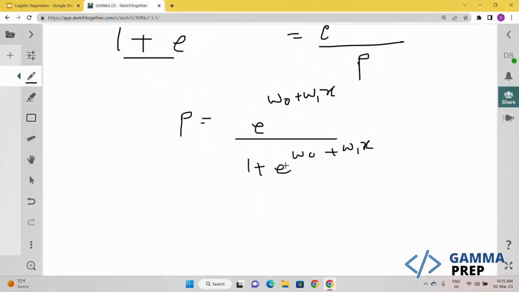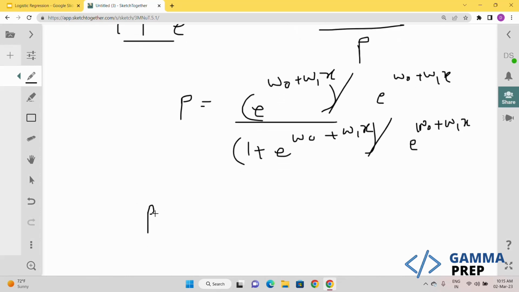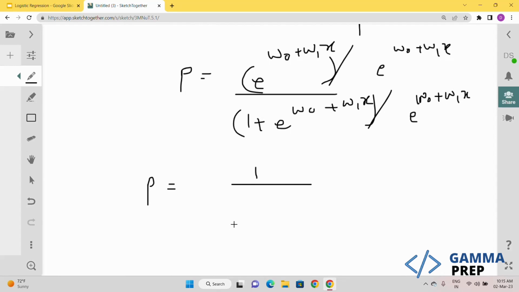Now the last thing that we will do is divide the numerator as well as the denominator by the same quantity, which is e to the power w0 plus w1x. So the numerator would be 1, and in the denominator, 1 by e to the power w0 plus w1x would be e to the power minus (w0 plus w1x), and then we have 1 here.